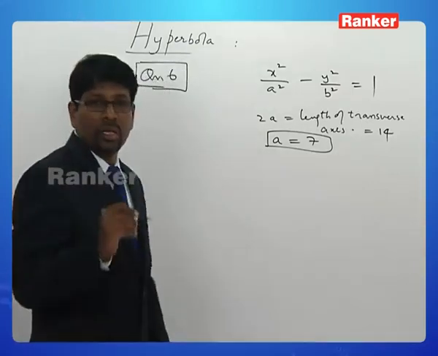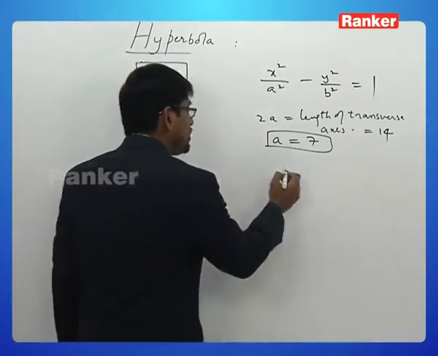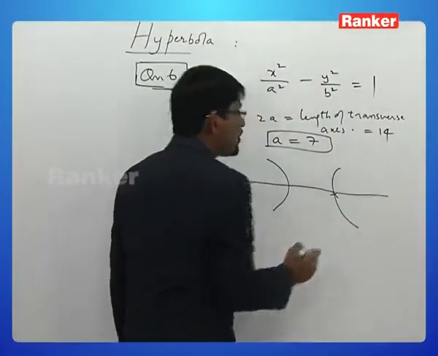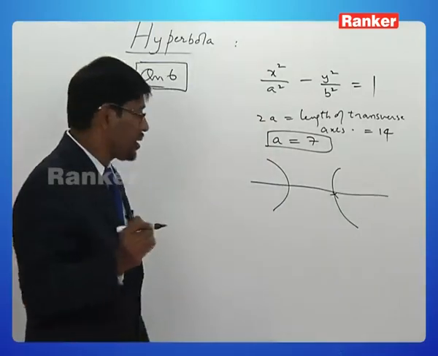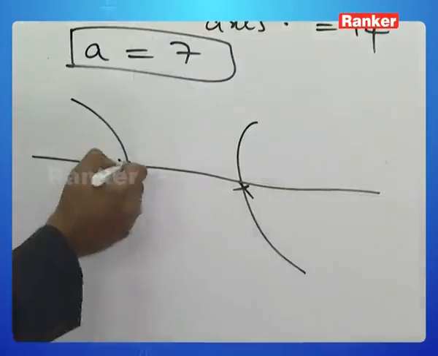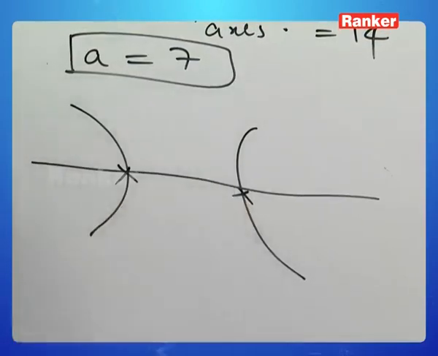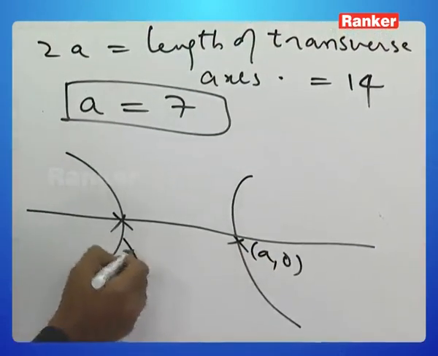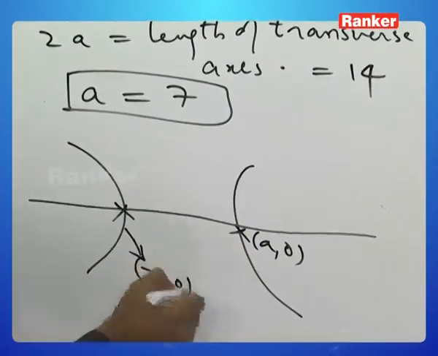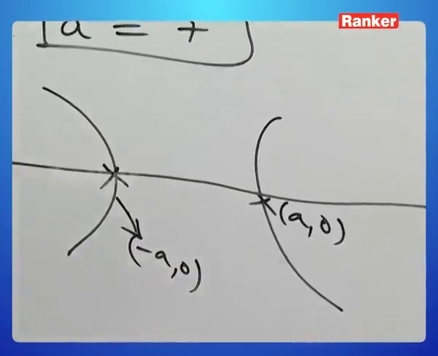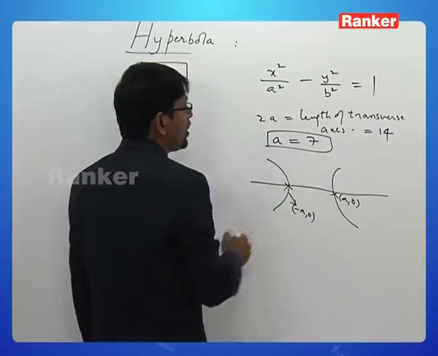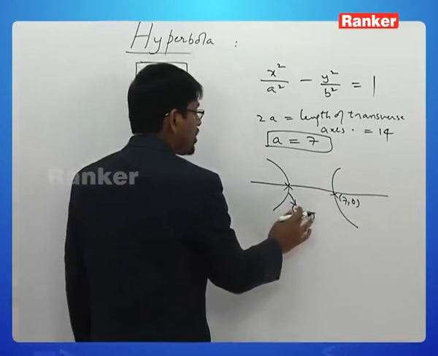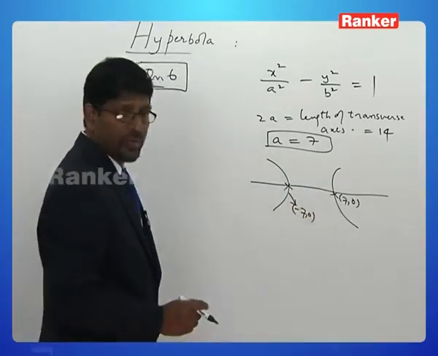And what else are we given? We are given the vertex of that hyperbola. A vertex is where the axis of the hyperbola meets the hyperbola. There are two vertices, a comma 0 and minus a comma 0. Here a is 7, so 7 comma 0 and minus 7 comma 0 are the two vertices here.